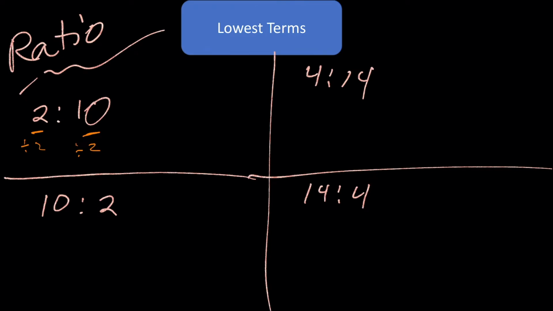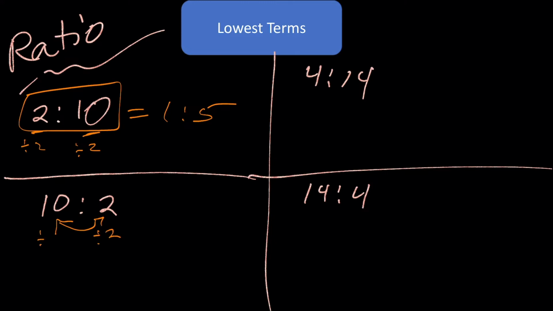And so this ratio in lowest terms is going to be 1 to 5. Okay, looking down here, same thing. It doesn't matter if they're switched, right? The greatest common factor is 2. I'm going to divide both sides by 2, so it'll be 5 to 1.